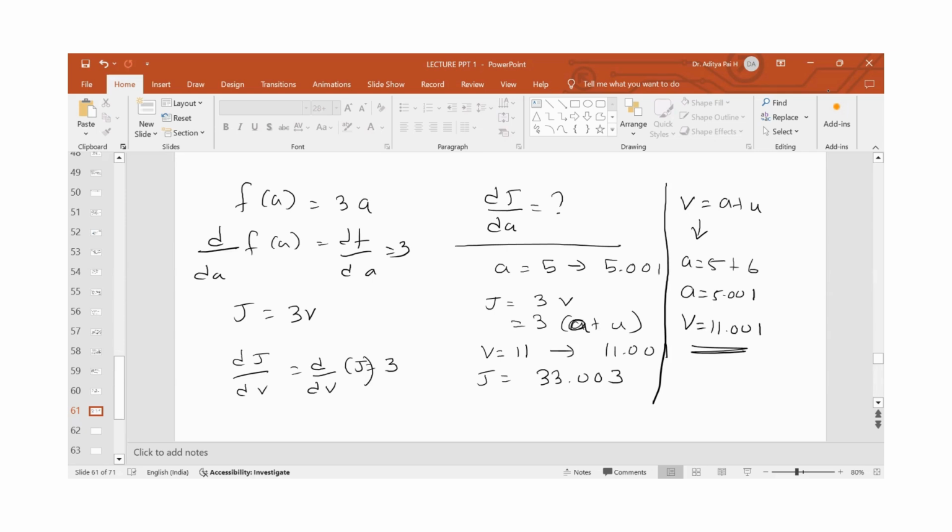Same way, if my J is equal to 3V, which is nothing but 3 of 11, now if V is changed from 11 to 11.001, my J will be 3 of 11.001, which is nothing but equal to 33.003.